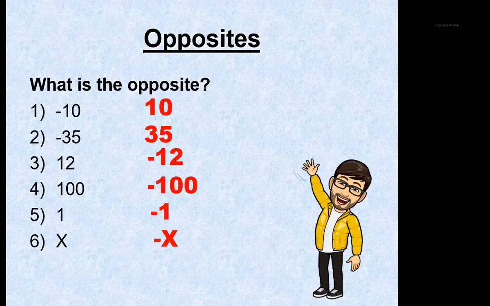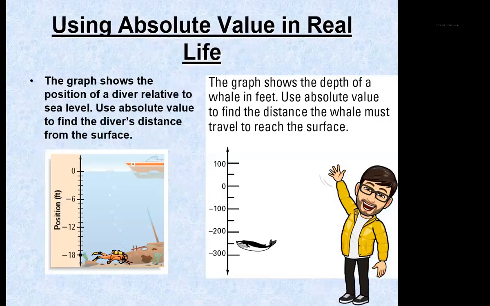Okay, madali. Okay, let's have this real life example. So on the left side, choose the graph position of a diver relative to sea level. Use absolute value to find the diver's distance from the surface. Ito yung diver. Gaano ba siya kalayo? So, negative 18. So, the absolute value of that is positive 18, di ba?